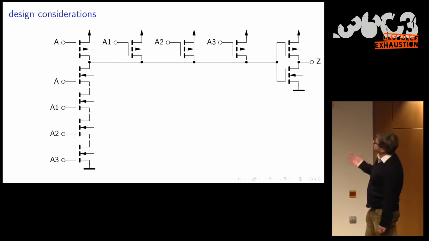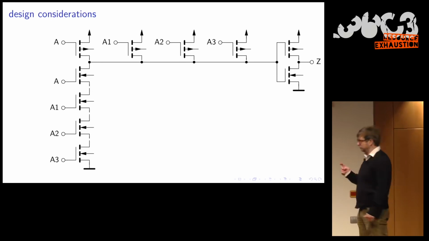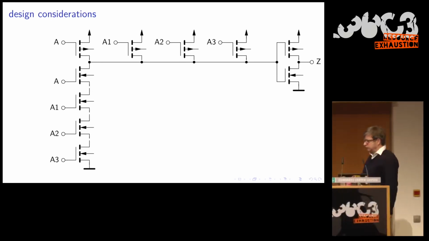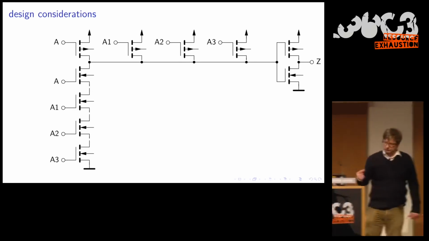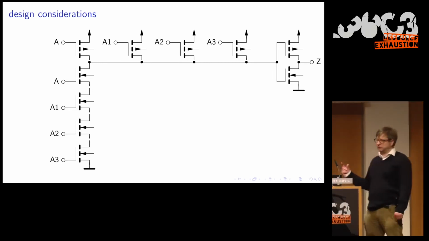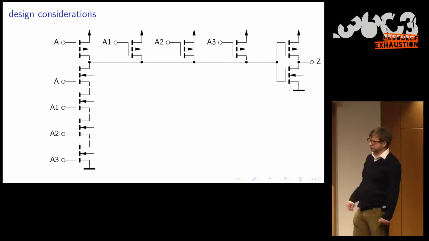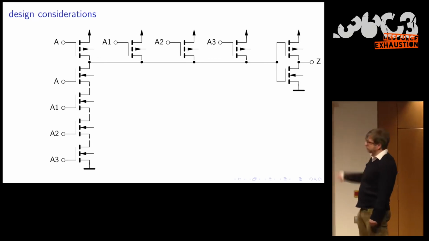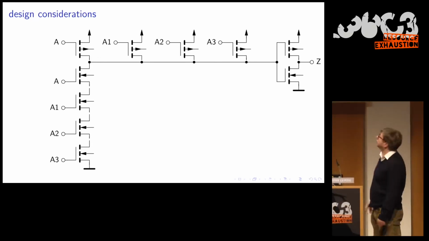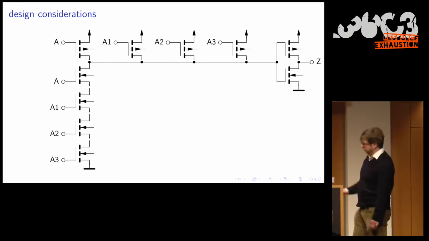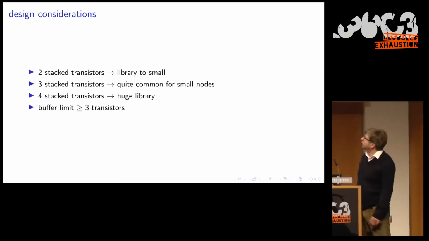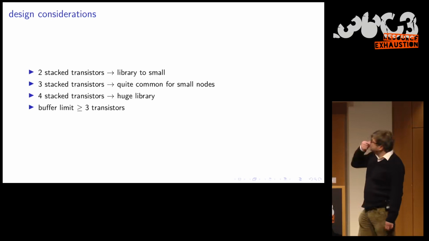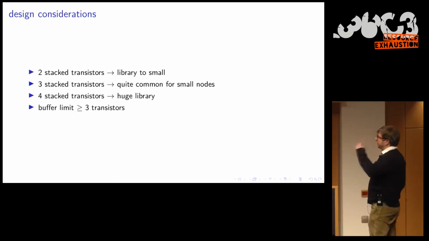We have to limit these voltages and limit the number of transistors, so I added a second parameter which tells up to how many transistors are allowed in one chain. So the first one is when to add the inverter, and the second one is the maximum number of transistors in one row.